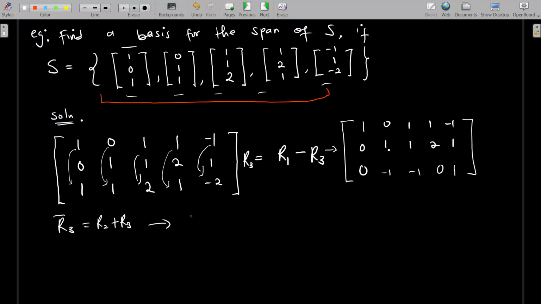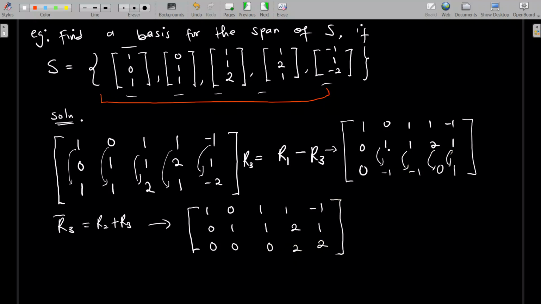So you write it back, and I'm going to have 0 0 1 1 2 1, and then this should give me 0. And when I add these two, I should get 0. When I add these two, I should get 0 again. When I add these two, I should get what? 2. And when I add these two, I'm supposed to get 2.